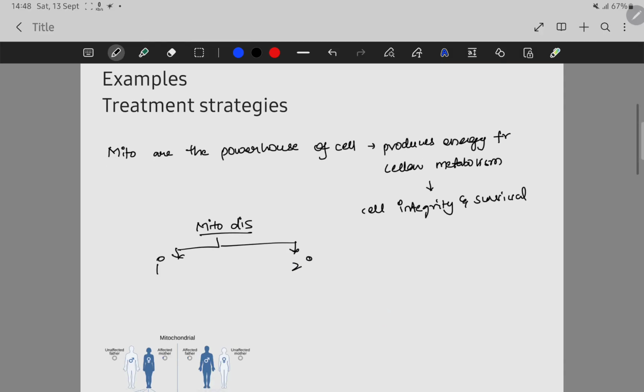In the primary disorders, there is direct impairment of mitochondrial function by genes which are located either in the mtDNA or nDNA.